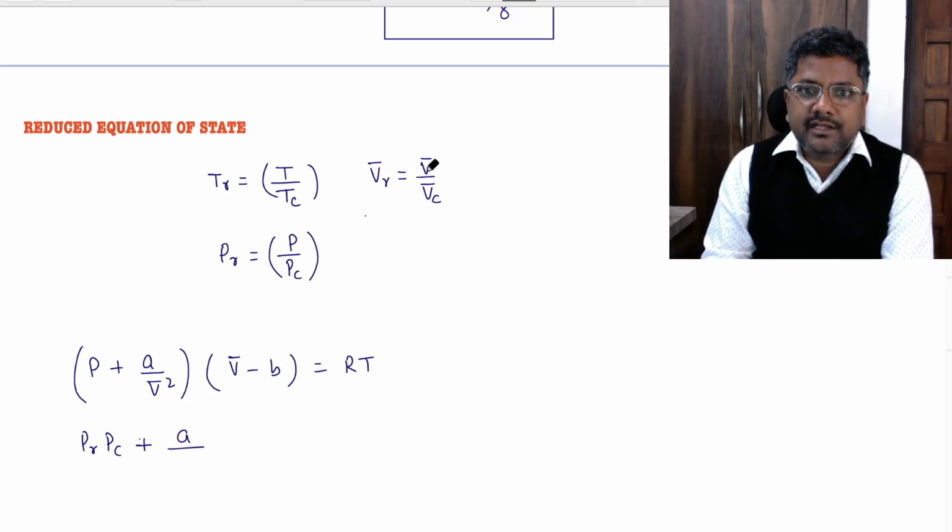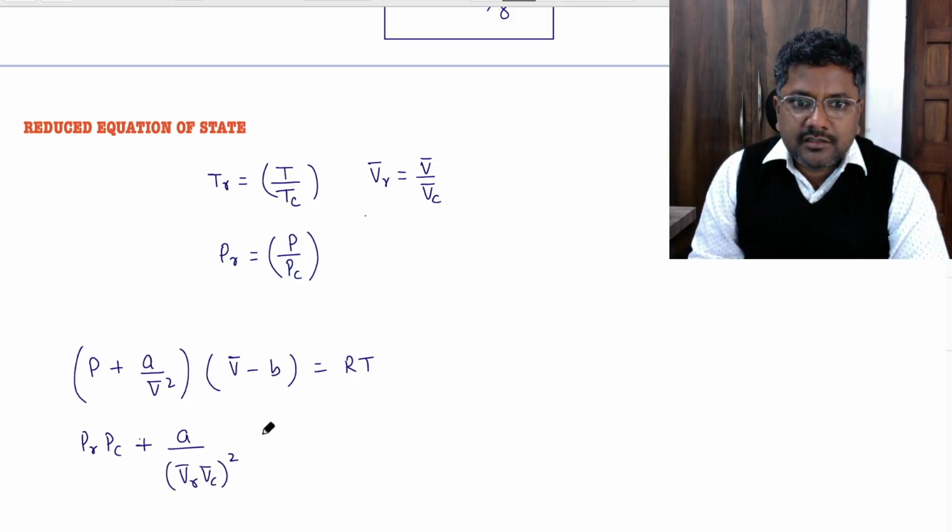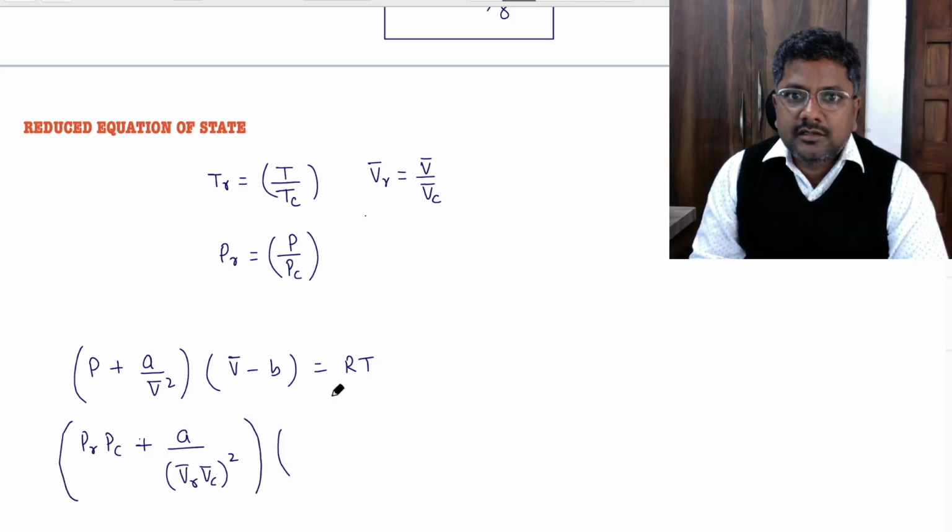So we can write here VR into VC whole square, right? And this is equal to VR into VC minus B is equal to R TR into TC.